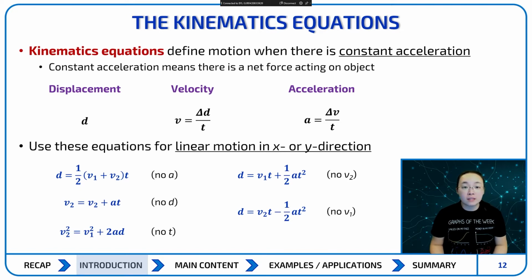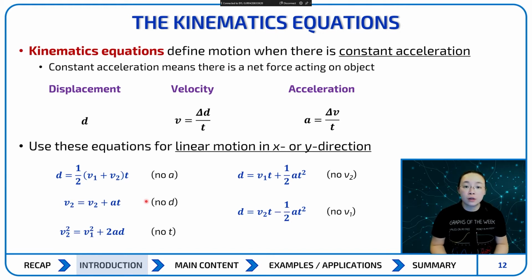Specifically for the kinematics equations, there are 5 that you would have to know. 2 of them are quite similar and they're on the right side over here. But we apply these equations for linear motion in the x or y direction separately. So the first one is d equals 1/2 of (v1 plus v2) times t. And you'll notice that there's no acceleration term in there.